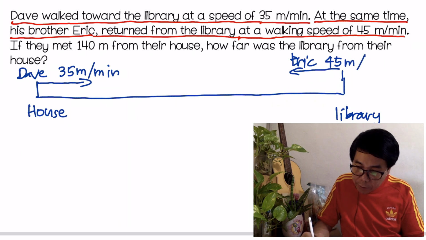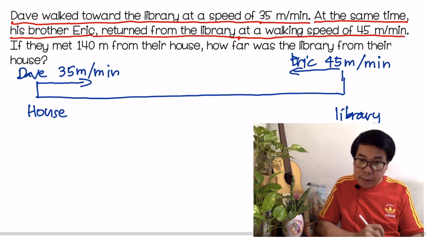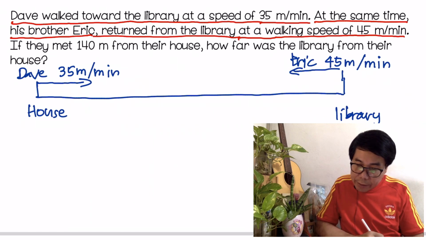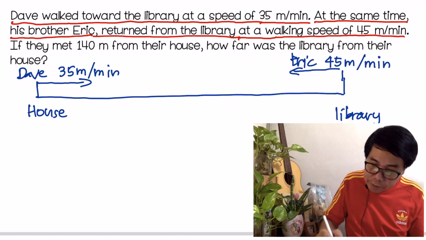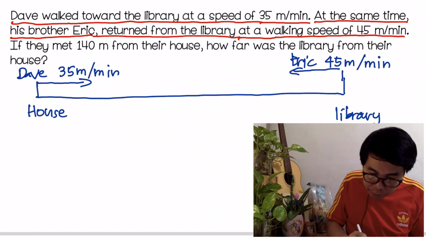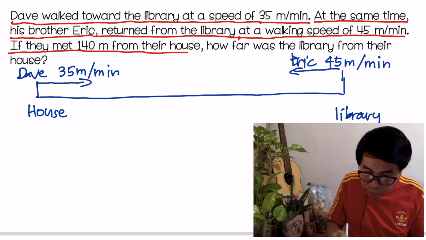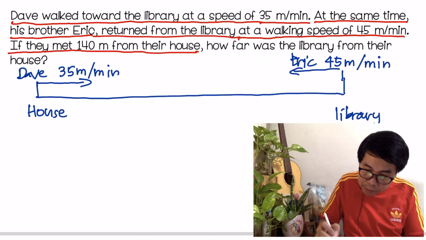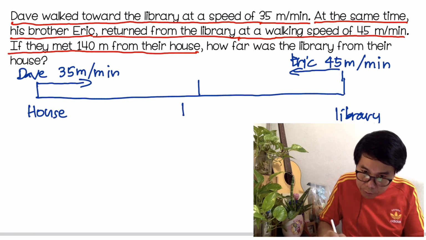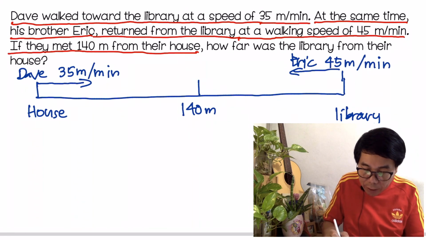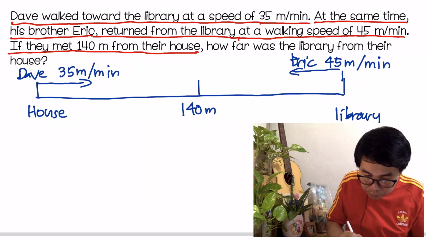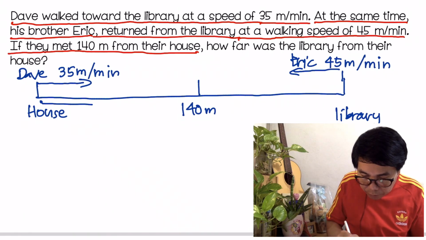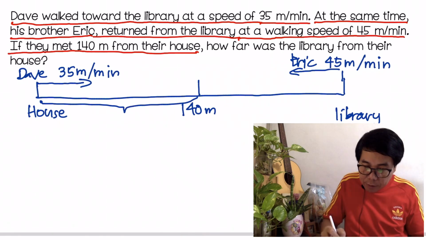Now, it says there that if they met at 140 meters from the house, so let's say they met here, which is 140 meters from the house, going to that direction.